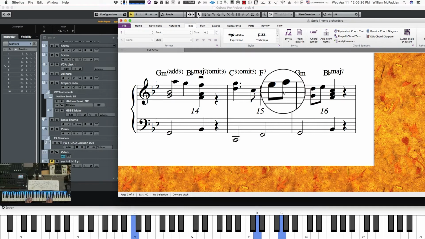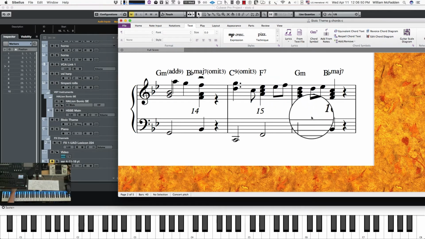Little melody line. Transition. There's your F7. G minor, this time including the third. Little melody. There's your B flat major 7 again, this time with the third.